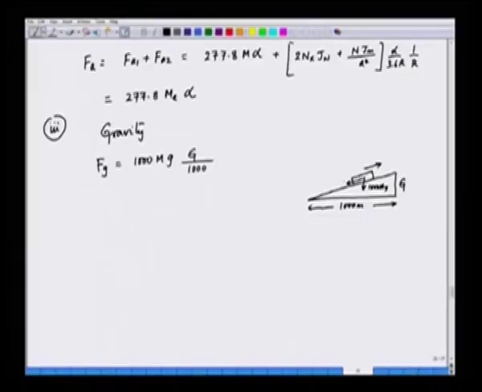So, effectively what we have here is basically the sine component. If this angle is theta, this is 1000 mg into sine theta, that is approximated as 1000 mg into G by 1000, and that is equal to m g G Newton, or that is equal to m G in kg. So, this is the gravity, or sometimes we call this the gradient.